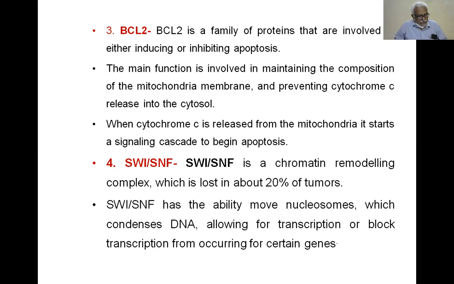So the RB1 gene is a tumor suppressor gene, and retinoblastoma can result from the mutation of the RB1 gene. And proto-oncogenes are present in healthy human cells also.